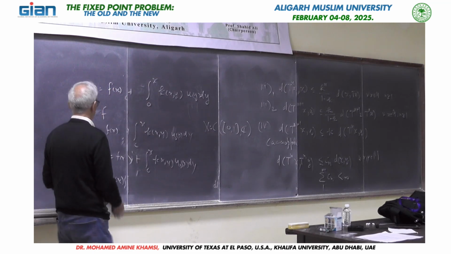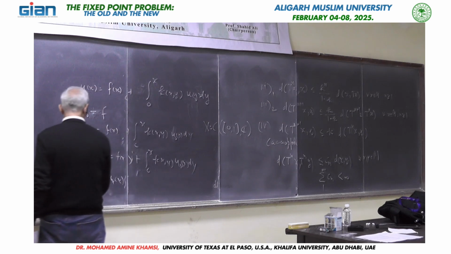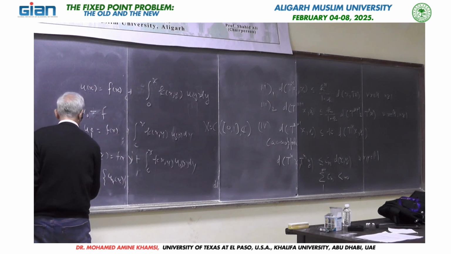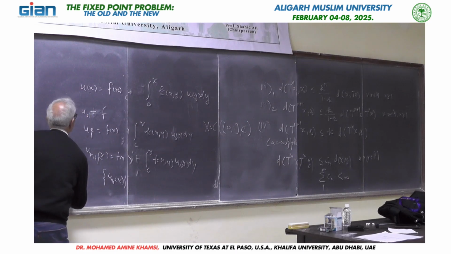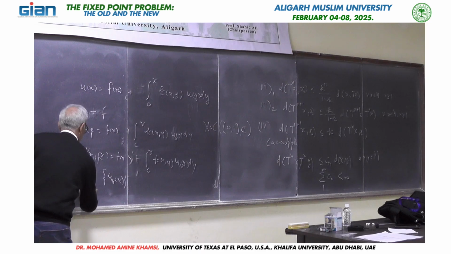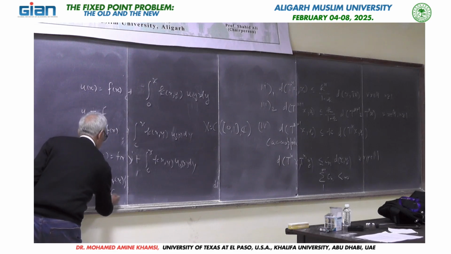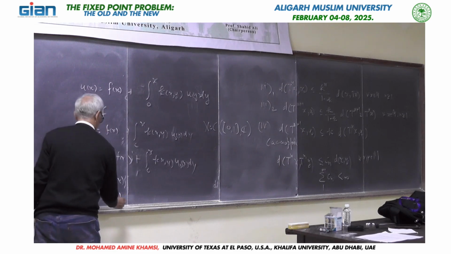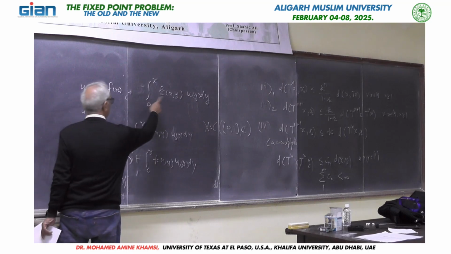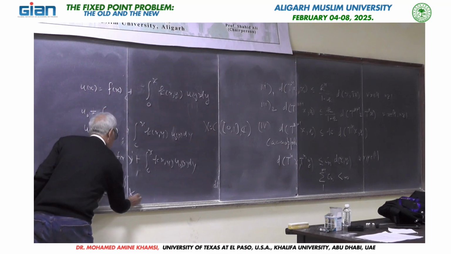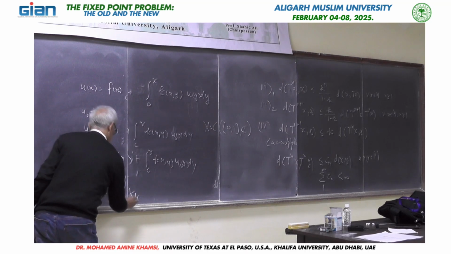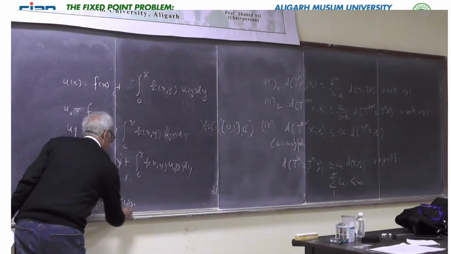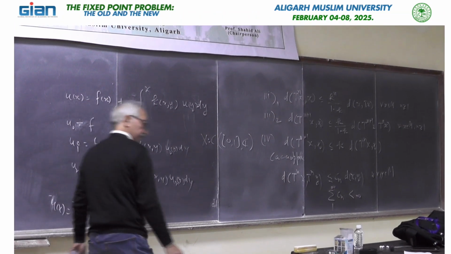The other way is to look at it as a fixed point problem. You consider the equation u(x) equal to f(x) plus lambda K(u)(x), and define T(u)(x) as f(x) plus this integral operator. Here we put lambda separately rather than merging it into the kernel. What is that integral operator?